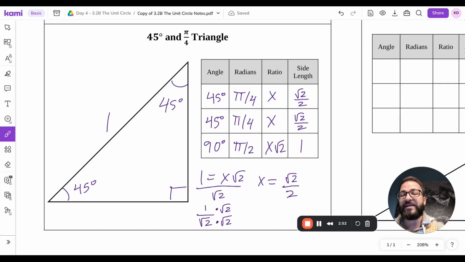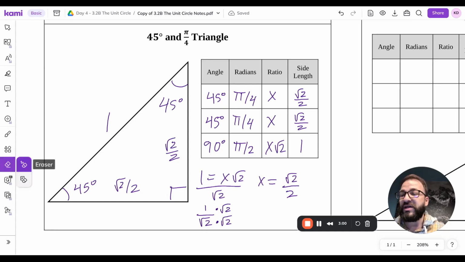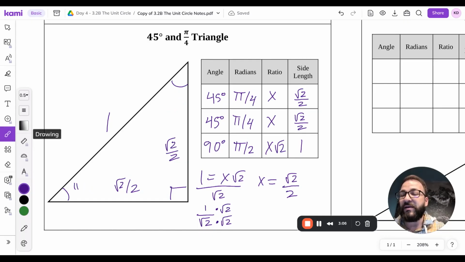I'm going to go ahead and add these onto our triangle. So we have root 2 over 2, root 2 over 2, and pi over 4 for our angles.